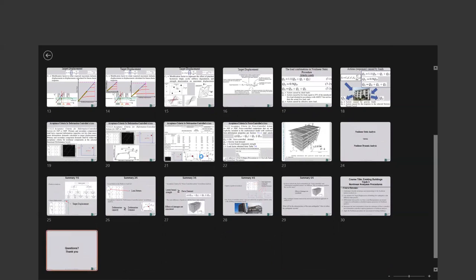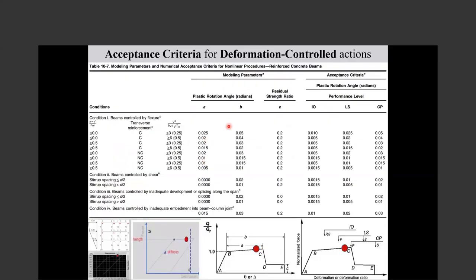Here, for example, these values that we have for the new buildings and for the existing buildings can be somehow different. Usually, for new buildings, they use a little more conservative approach, because for an existing building we have more information about the dimensions of the elements, the material, and the arrangement of reinforcement.